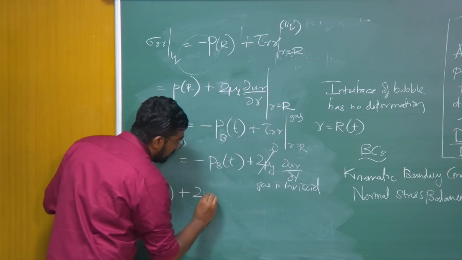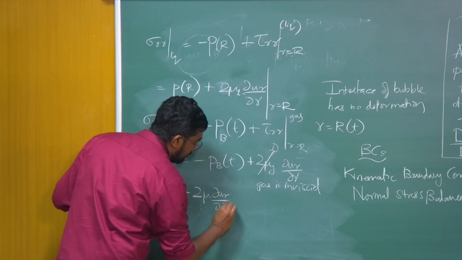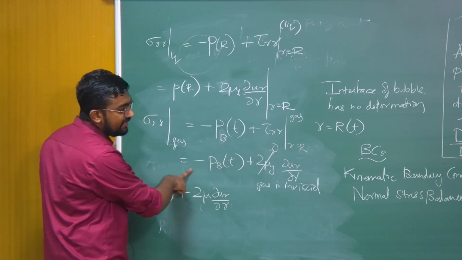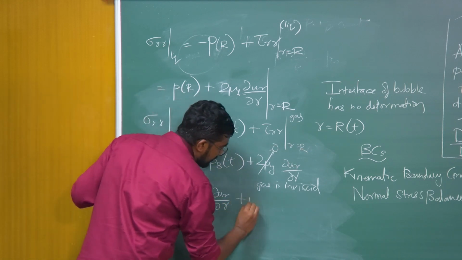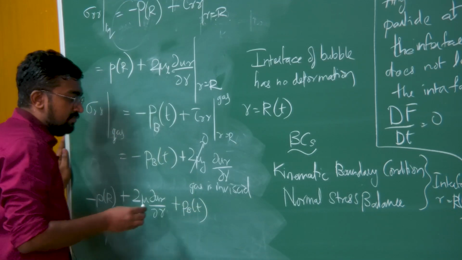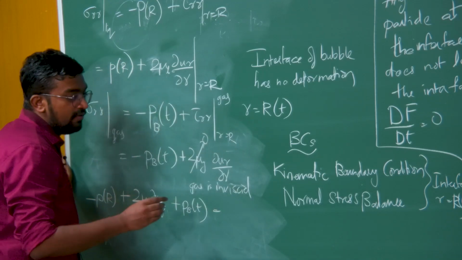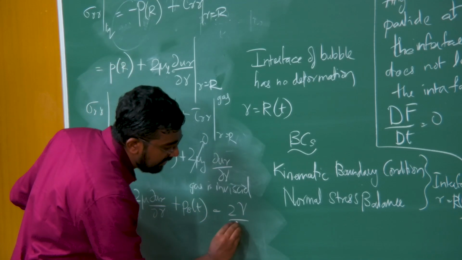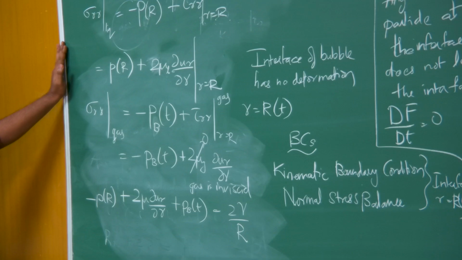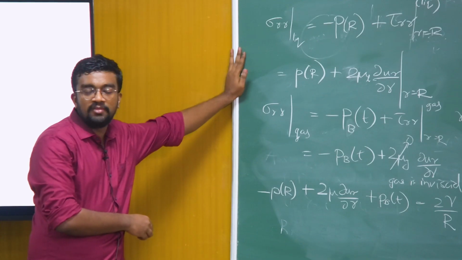We have to subtract the gas side, so this will become plus PB of t, is equal to 2 gamma by R. Any doubts so far? All we did is balance the normal forces at the interface.